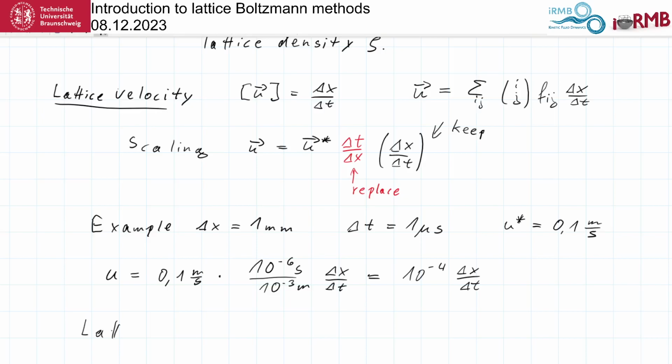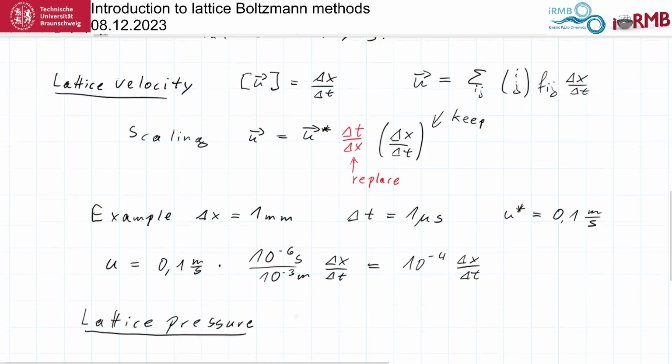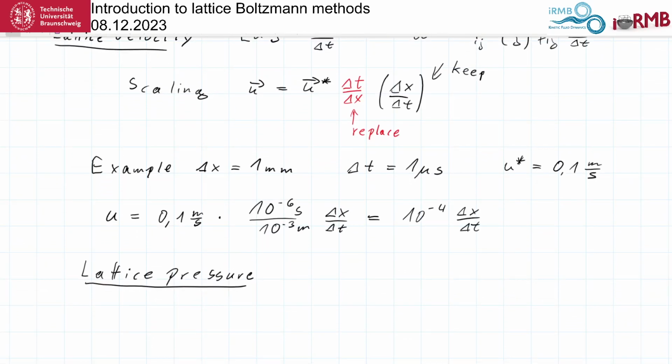The pressure is something that always requires some more discussion, because kinetic theory does not need a pressure. This is an invention of the Navier-Stokes guys. Here we just have different moments.